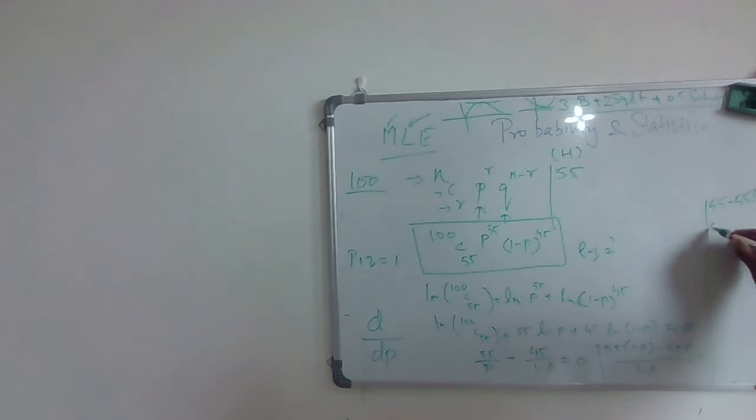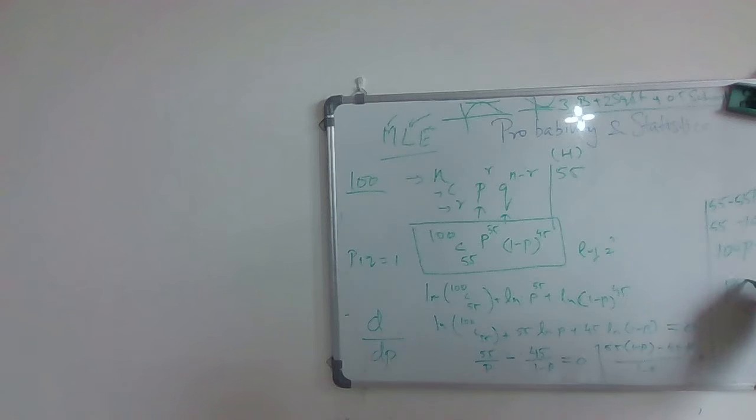Now 55 minus this becomes 100, so 100p is equal to 55. So p is equal to 55 by 100, and p is equal to 0.55.